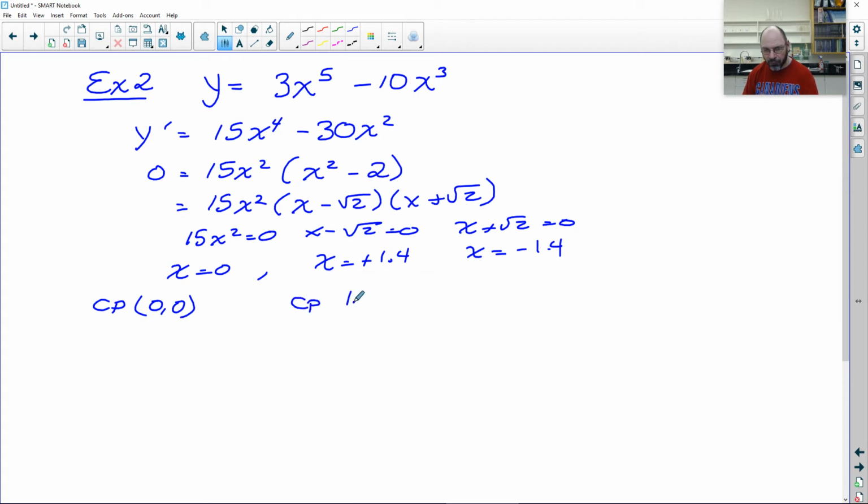At 1.4, if we plug it in, 3 times 1.4 to the fifth minus 10 times 1.4 to the third.